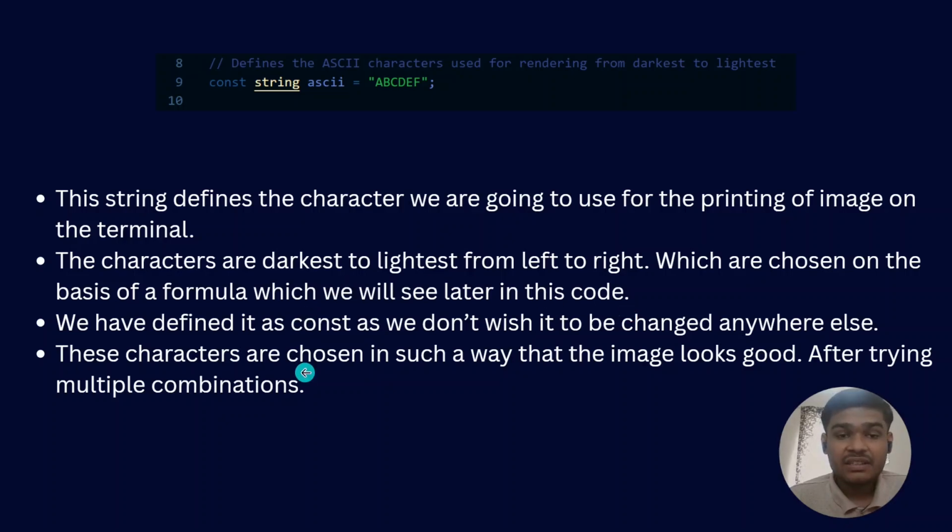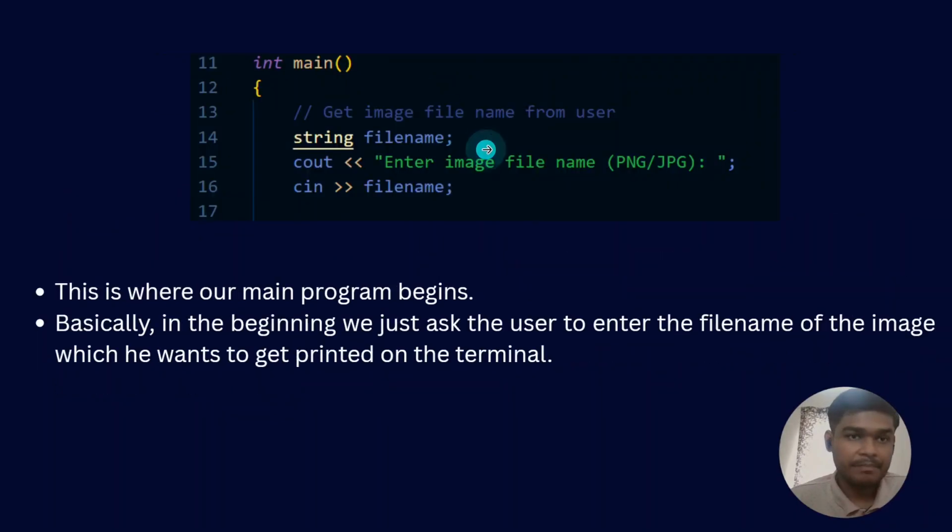And these characters are chosen in such a way that the image looks good after trying multiple combinations. Because if we try some random ASCII characters, the image might not look that beautiful. But after trying multiple string literals, I came across this particular combination which makes the image look real and also feels good. So let's move ahead.